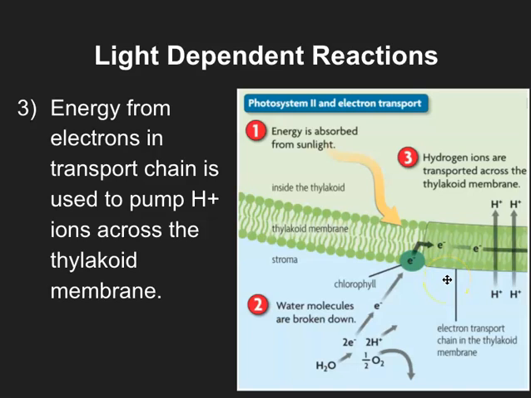Because energy is being utilized to move these hydrogen ions across the membrane, this is going to be a form of active transport. Remember, ions are not something that can freely move across a cell membrane or an organelle's membrane. So there's energy that is needed and necessary for that to occur.